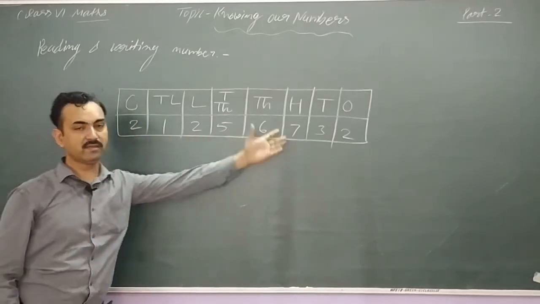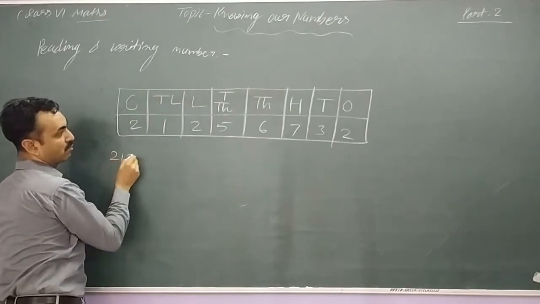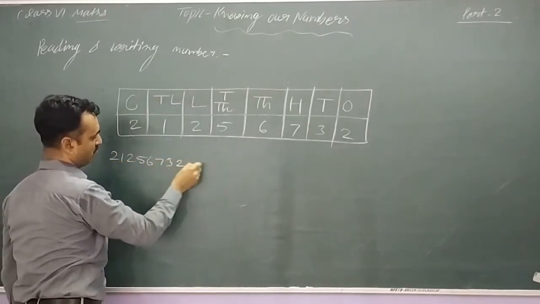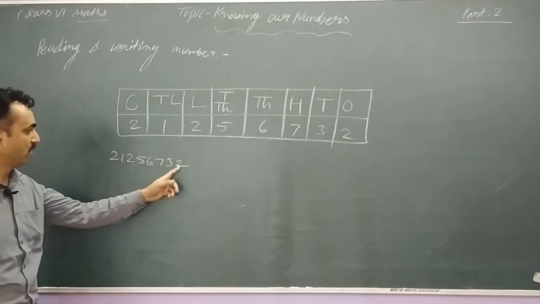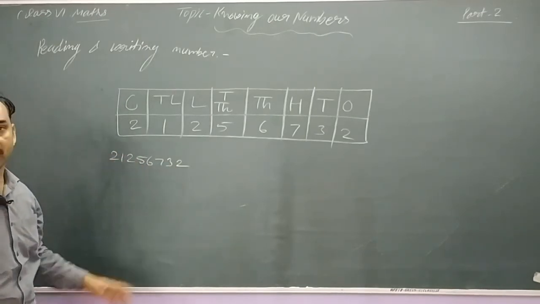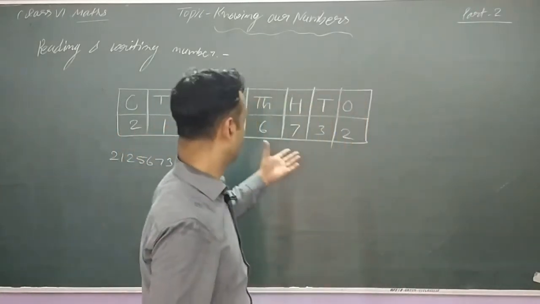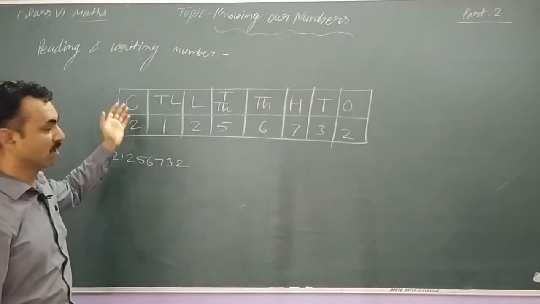What is the number here? You can see the number I am writing here, 2125673. So this is an 8 digit number. We are learning to read or write an 8 digit number. This is the largest number, so it is in the crore.